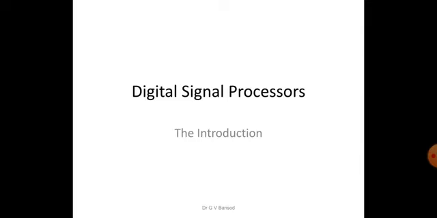So in the advanced processor, the unit number 5 and unit number 6 deals with the DSP related contents. So I'm trying to prepare the e-content for the unit number 5 and unit number 6 of the advanced processor.